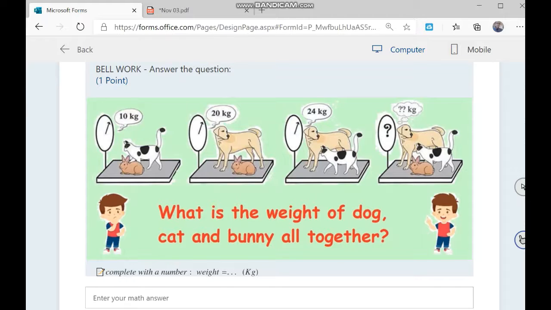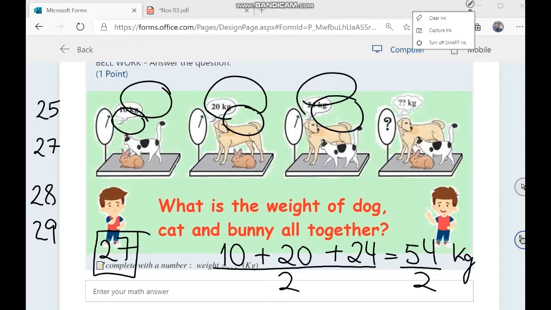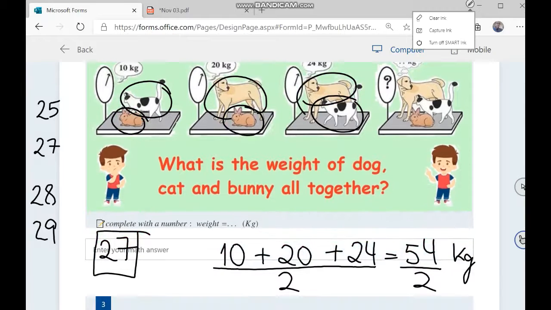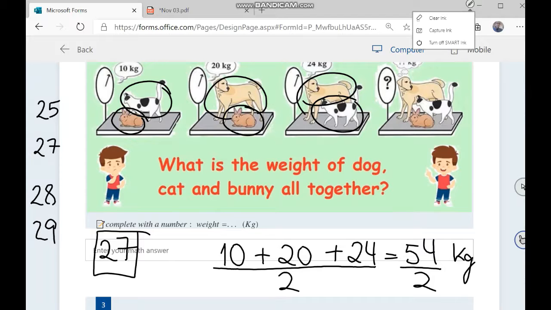How can you calculate the weight of the dog, cat and bunny all together? Let me know your answers. So the right answer, you're going to add 10 plus 20 plus 24 and divide by 2. 54 divided by 2, 27 kilograms. 27 kilograms is going to be the right answer for our puzzle.